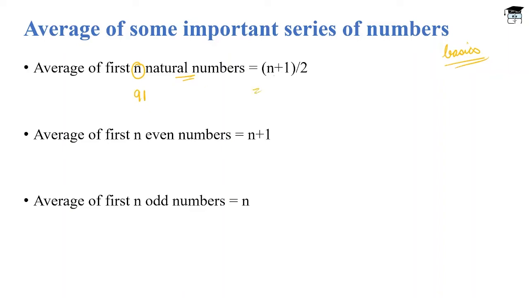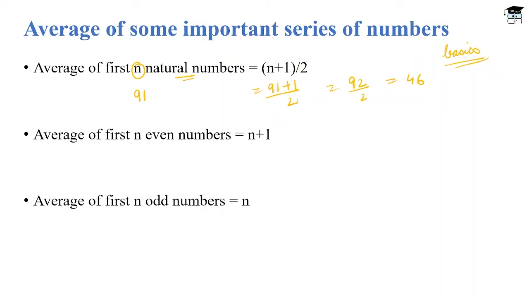So how will you calculate? N is 91. 91 plus 1 divided by 2, which is 92 by 2, and this is equal to 46. Very simple to calculate. You don't have to add all the natural numbers and do the equations, just (n plus 1) by 2.